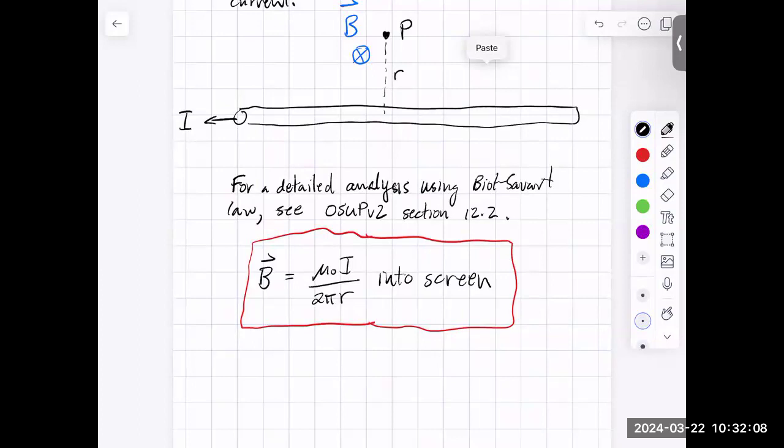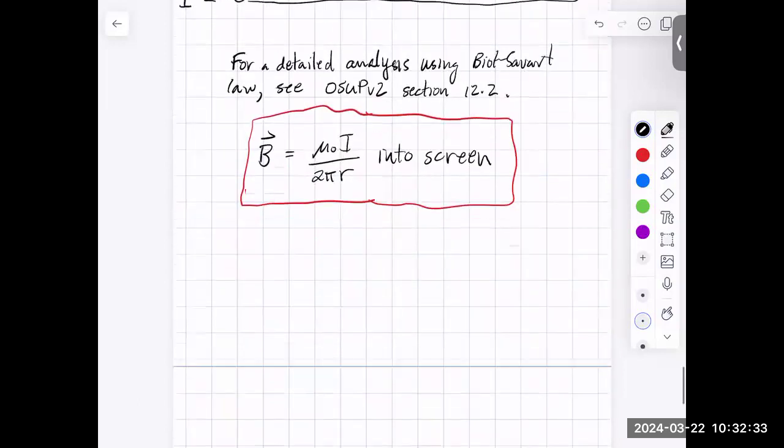And those electric fields that they create could then go exert forces on other charges. We're going to do a similar thing here. We now know that moving charges or currents create magnetic fields, and those magnetic fields can then go exert forces on other moving charges or other currents.